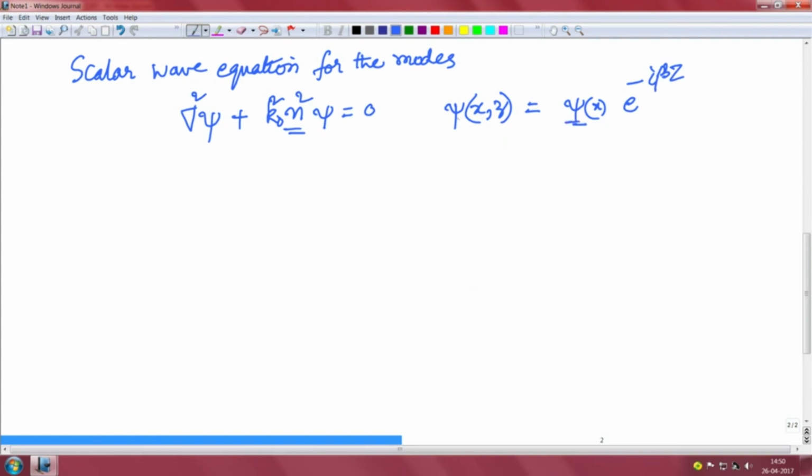For simplicity I am using the same symbol for both, and by context you know whether we are talking about the z variation along with the mode field or not. With this form for psi, the equation reduces to d square psi by dx square plus k0 square n square minus beta square of psi equal to 0.